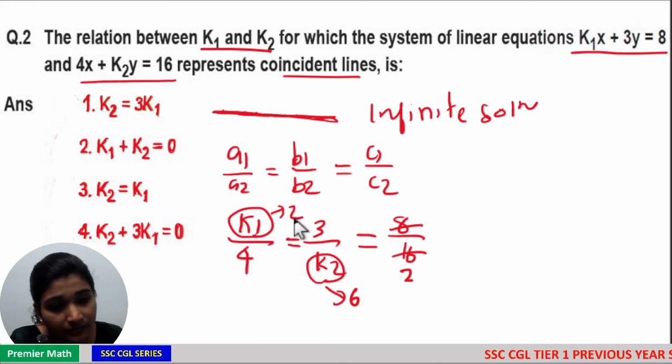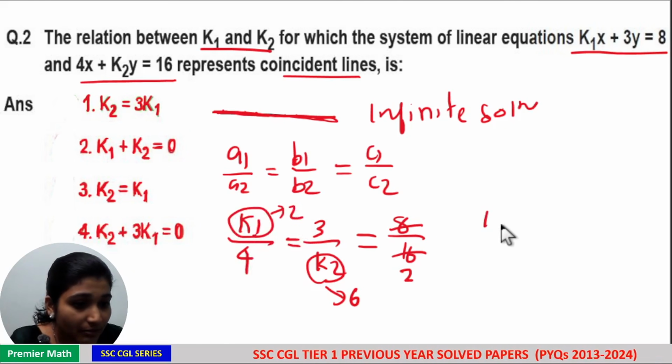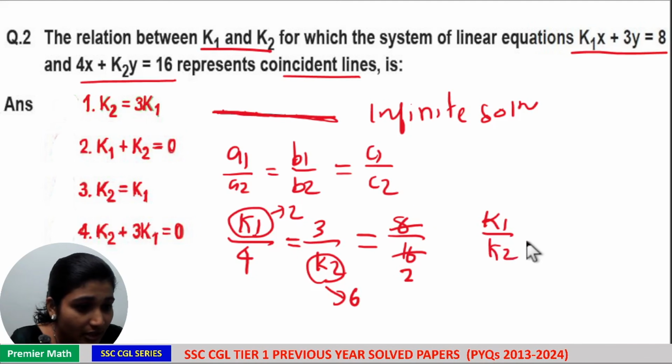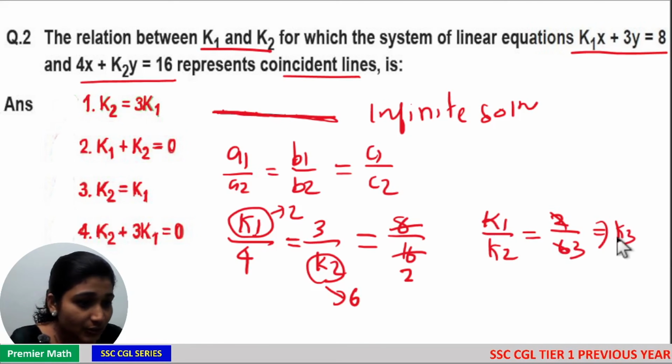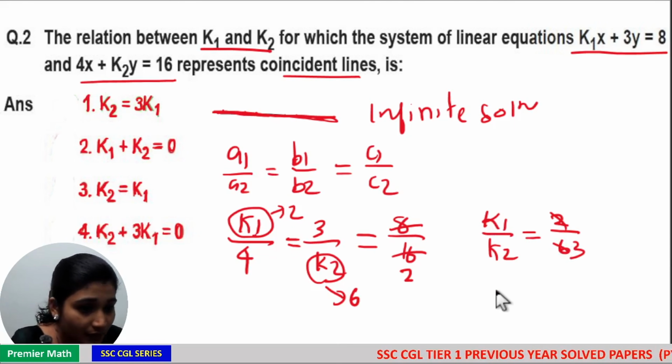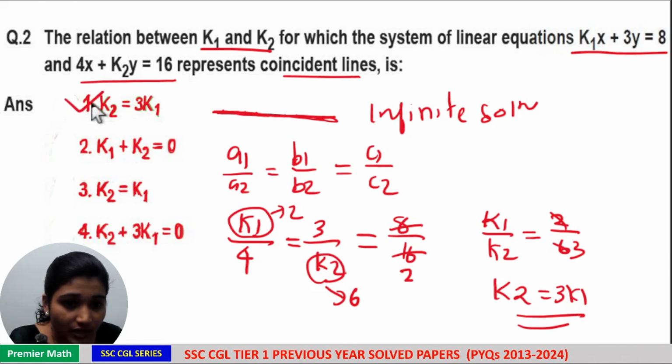So the k1 by k2 ratio is equal to 2 divided by 6, which means k2 is equal to 3k1. Option 1 is your answer.